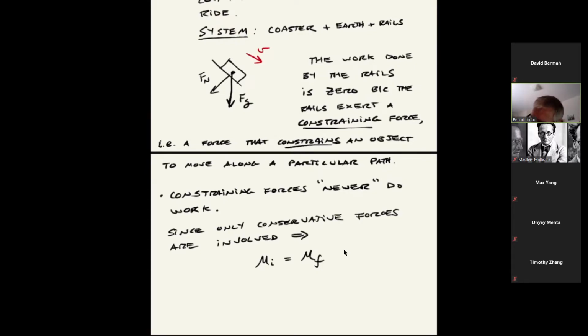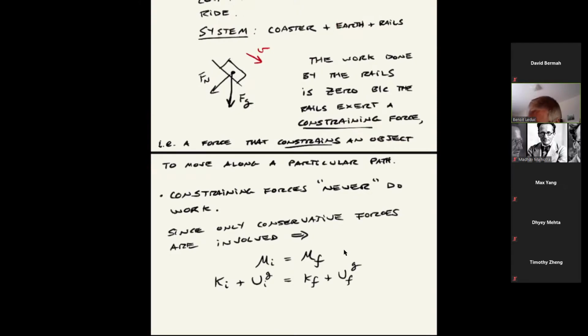So let's put this here. Mechanical energy is kinetic energy plus potential energy, equal to the final kinetic energy plus the final potential energy. I'm going to explain this a little bit later, next year.